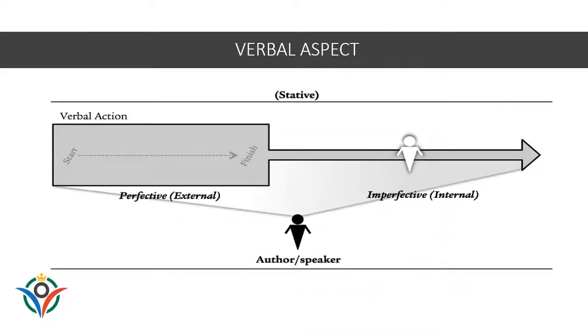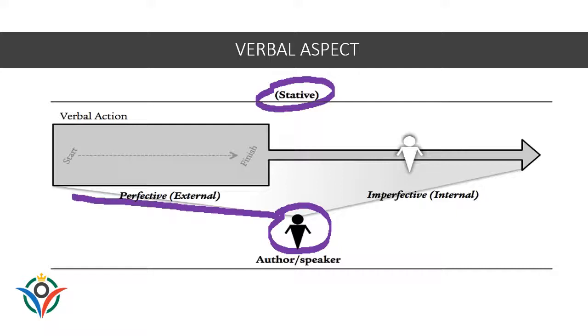And then the final verbal aspect is the stative. So staying with our example of jumping, perhaps the author or speaker says something like, I have jumped or I had jumped, all right, where he describes an action that took place in the past but now has continuing results.